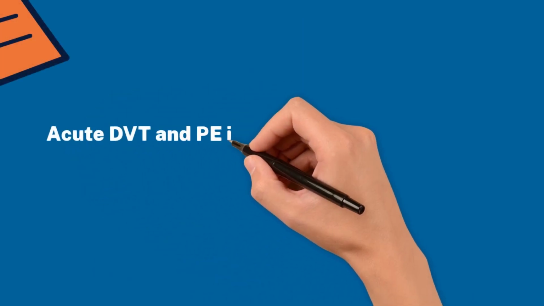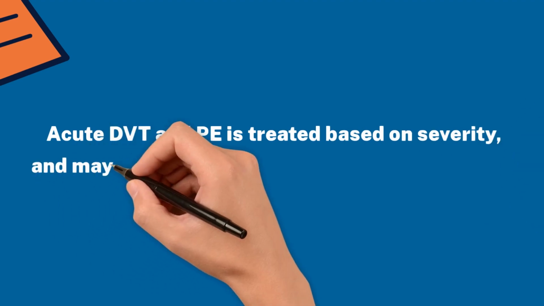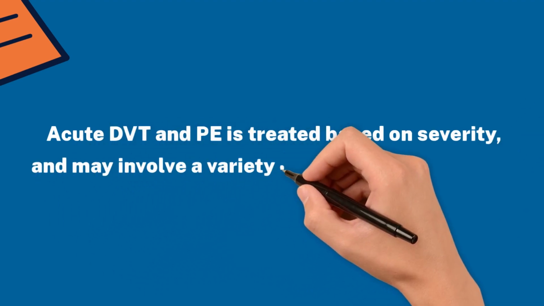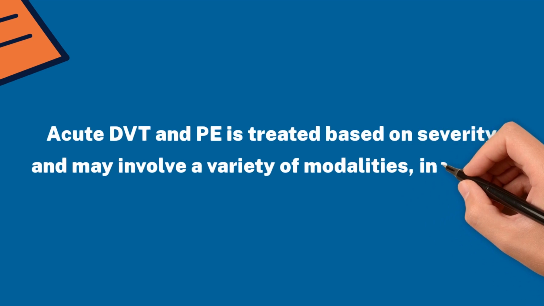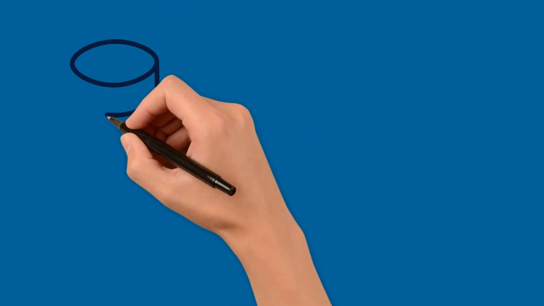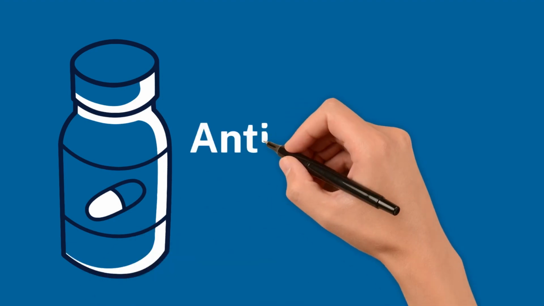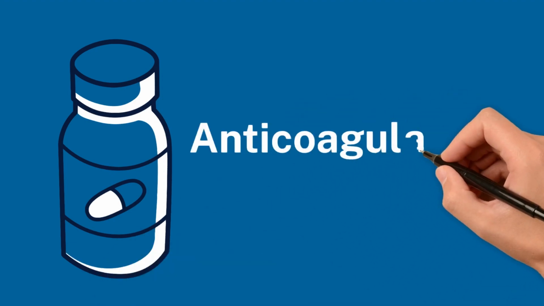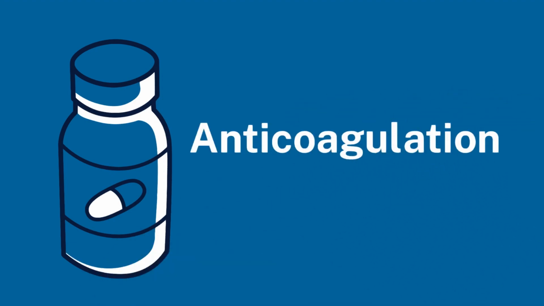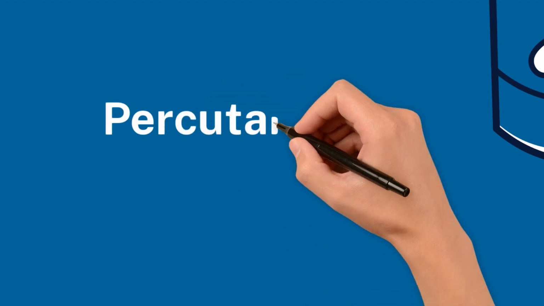So as we've now seen, a deep vein thrombosis in the leg and a pulmonary embolism in the lung are essentially the same general process. So our treatment approaches share a lot of similarity for both of these conditions. In fact, the way in which we treat them often differs based on the severity and can include things like anticoagulation, thrombolysis, or another form of a percutaneous or surgical intervention.